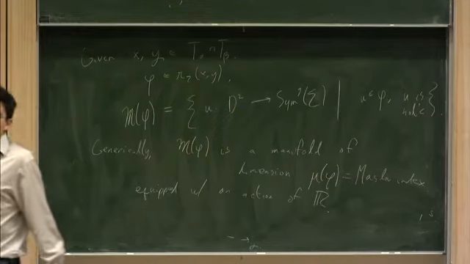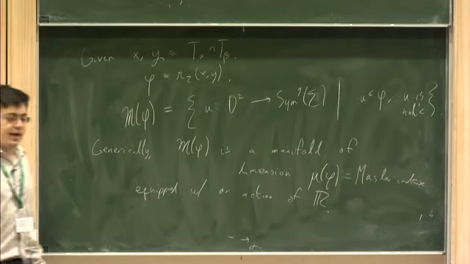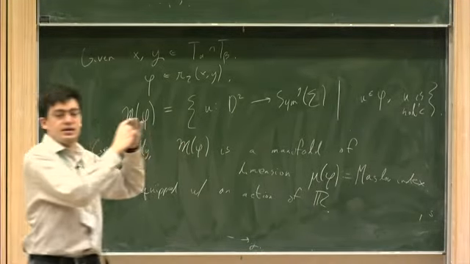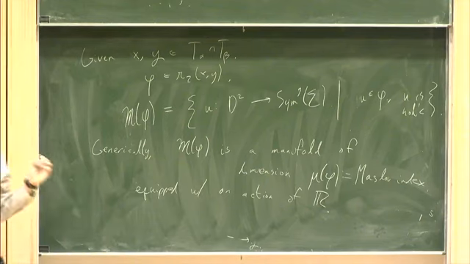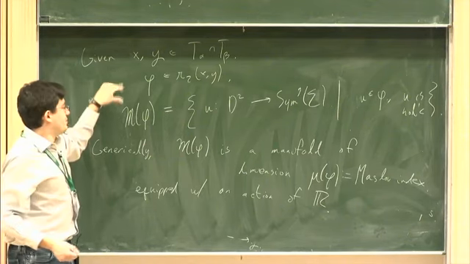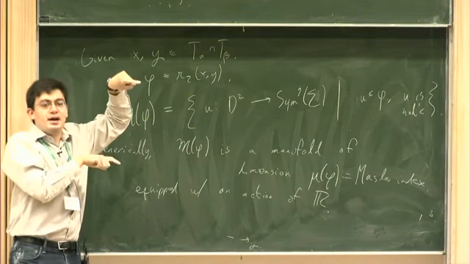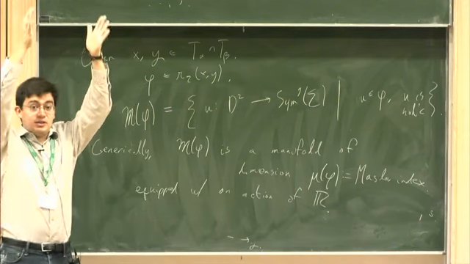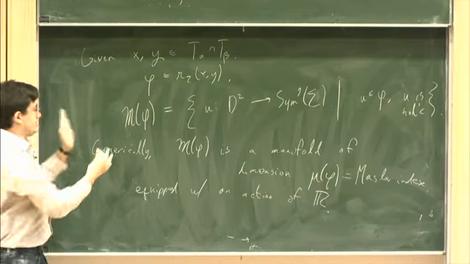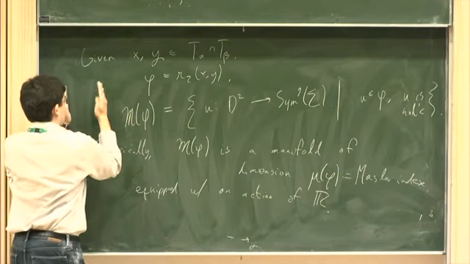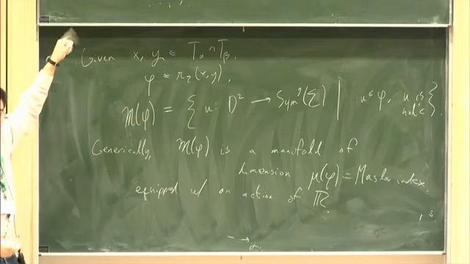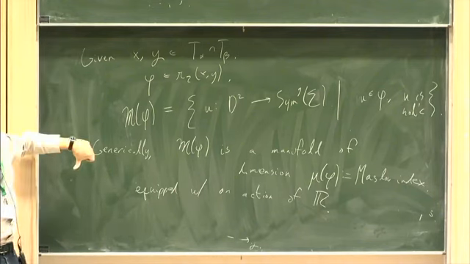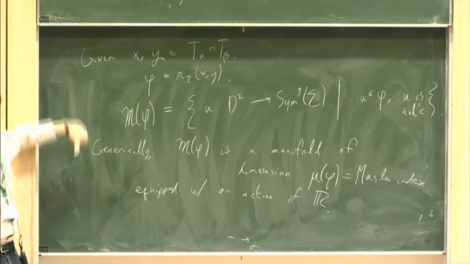Well, I can identify the unit disk holomorphically with the unit strip. So maps of the unit disk, which are prescribed on I and minus I, can be identified with maps of the unit strip, which is to say, a vertical strip in the plane sending plus infinity to one point and minus infinity to the other, plus infinity to x, minus infinity to y.